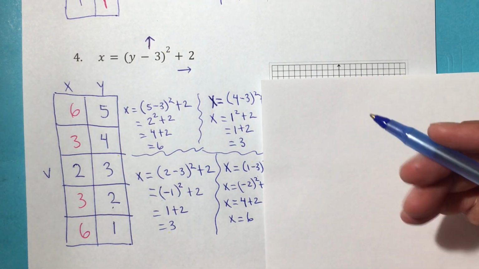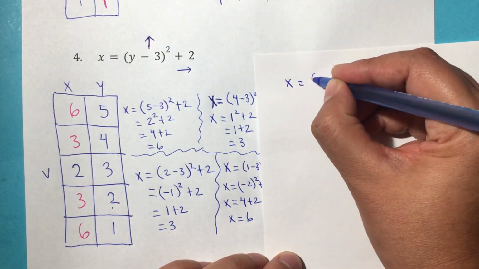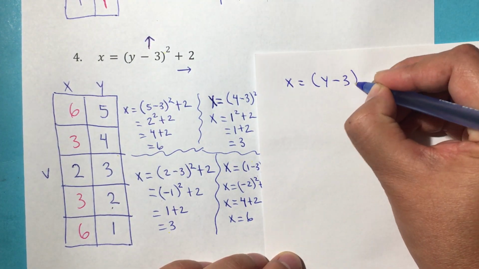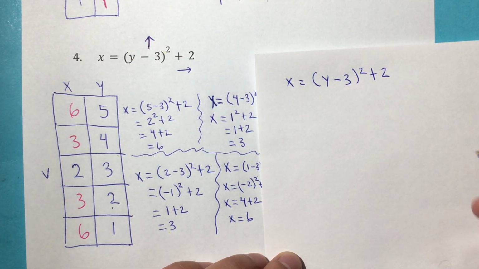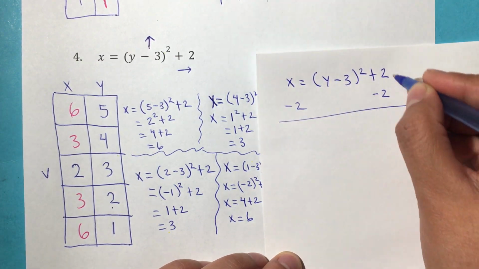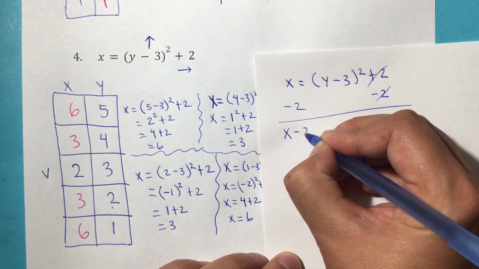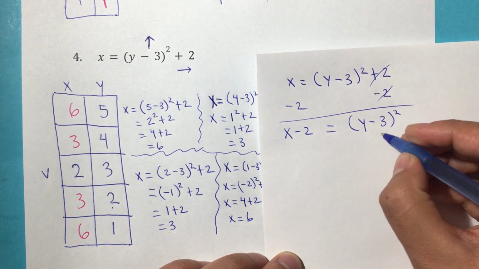And I will not be solving it the other way, but if you wanted to, all you have to do is just isolate y. Okay, I'm going to isolate it for you, and if you want, you can try to graph it that way. But what you do is subtract 2 from both sides. You get x minus 2 equals y minus 3 squared.